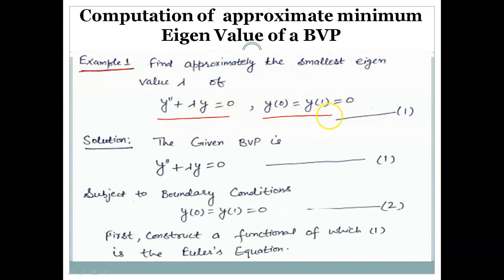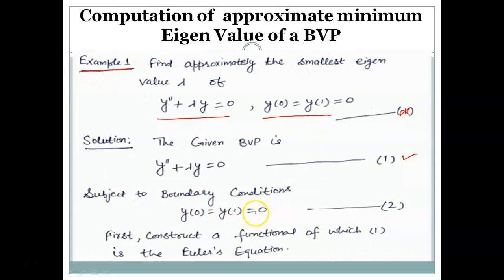We denote it as 1. The given boundary value problem is y'' + lambda y = 0, which we call equation 1, subject to the boundary conditions y(0) = y(1) = 0.